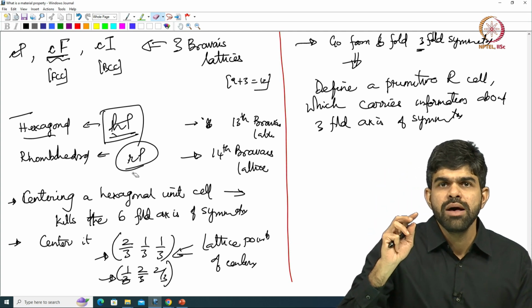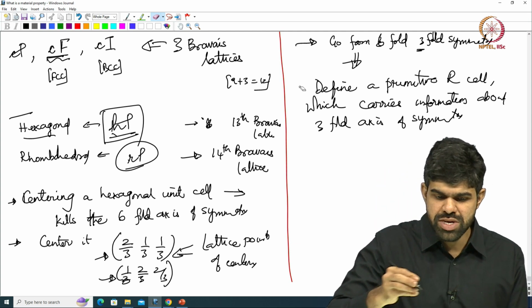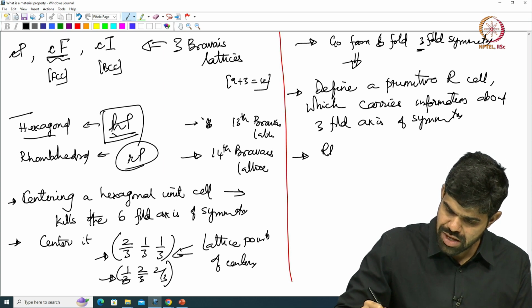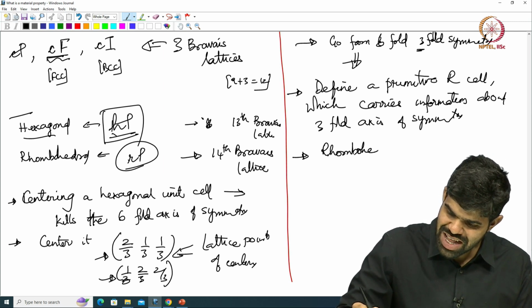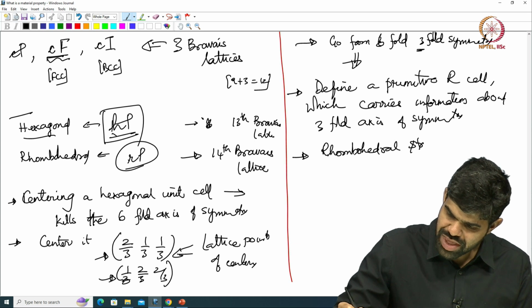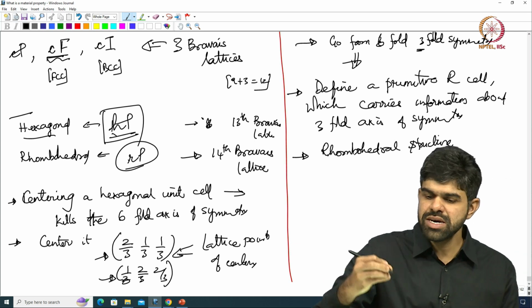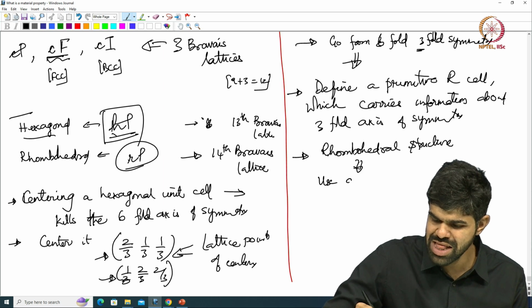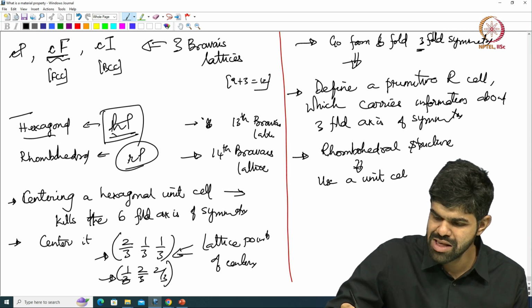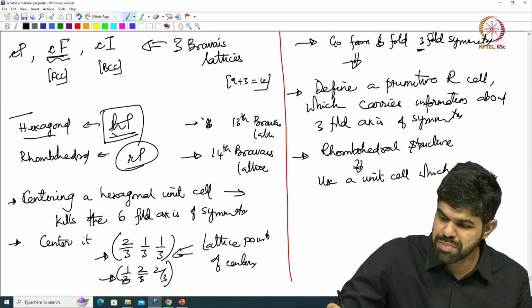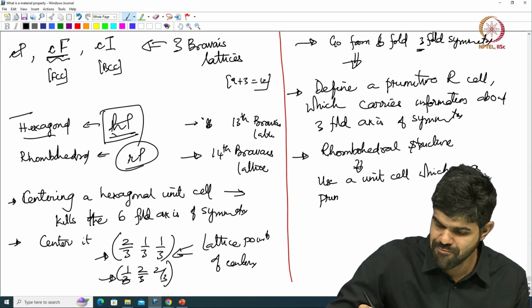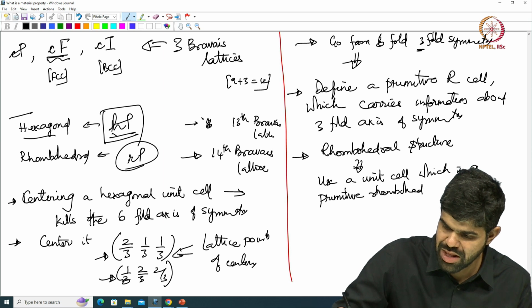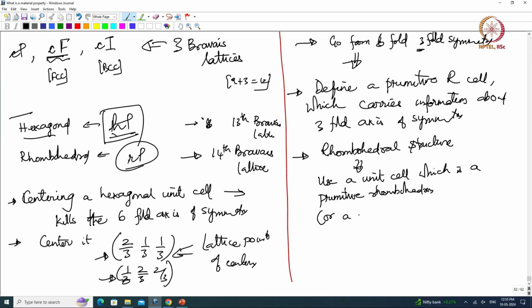But I told you in my earlier class that for a rhombohedral structure, you can either use a unit cell which is a primitive rhombohedron, or a centered hexagon, right.